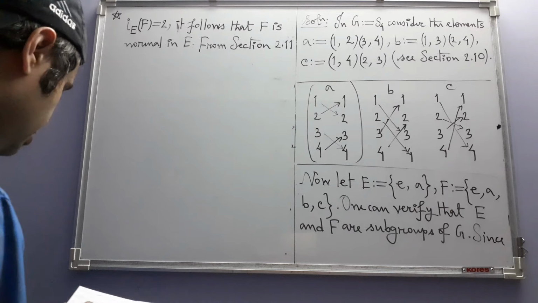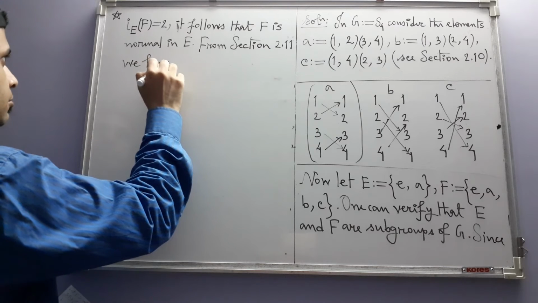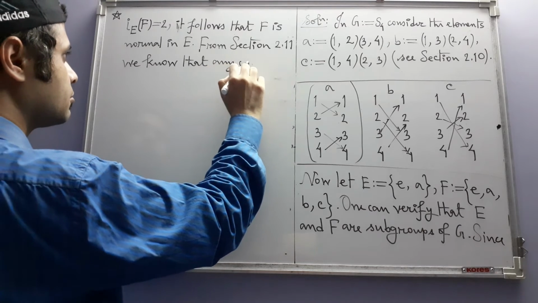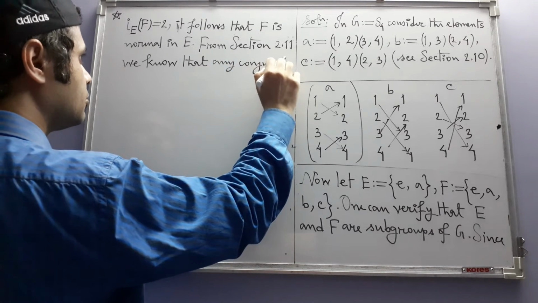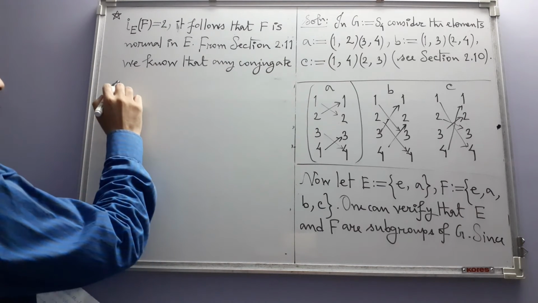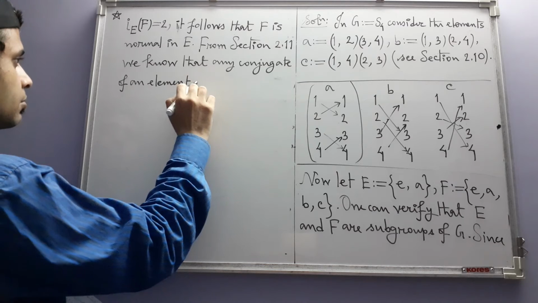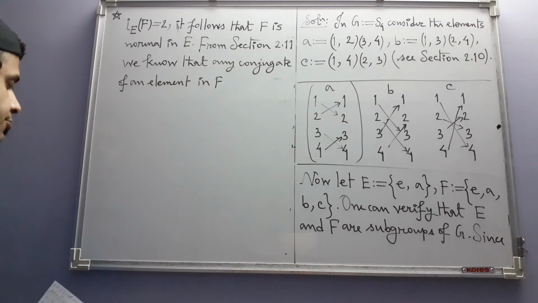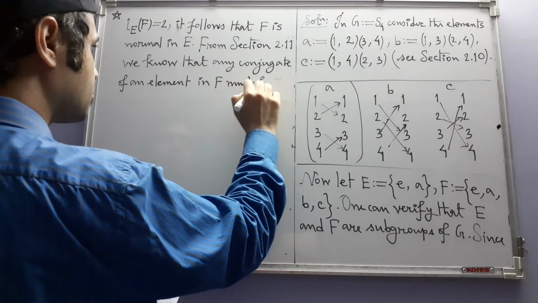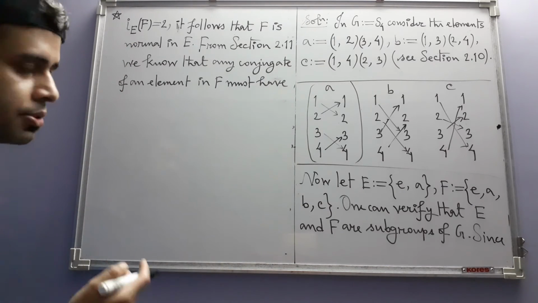So from section 211 we know that any conjugate of an element in F must have the same cycle structure, or cycle decomposition, same thing.